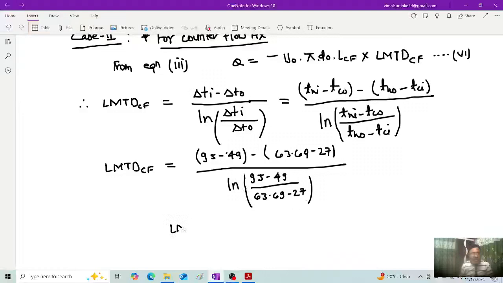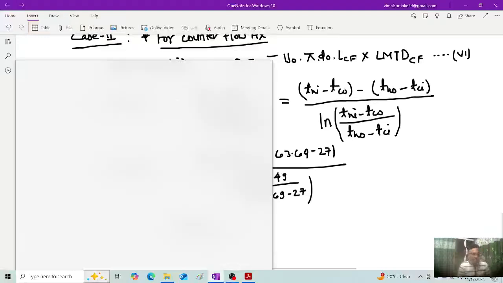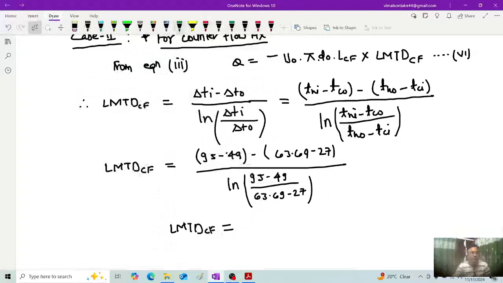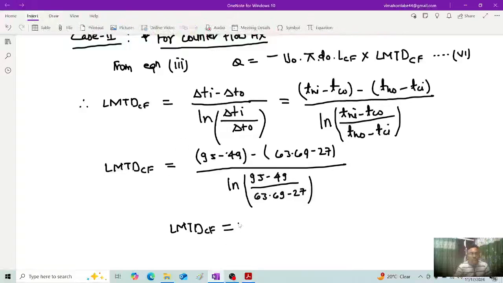So LMTD for counterflow comes out 41.17 degree Celsius.